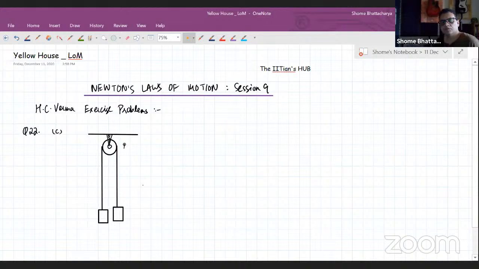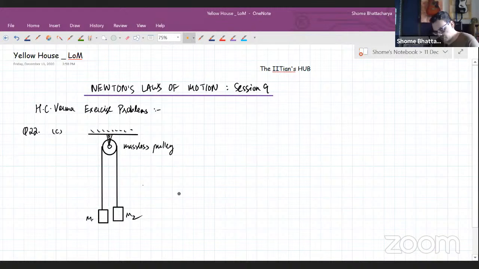So this is a massless pulley, and the two masses, attached by again a massless thread, are M1 and M2. M1 and M2 are given to us as 300 grams and 600 grams respectively.